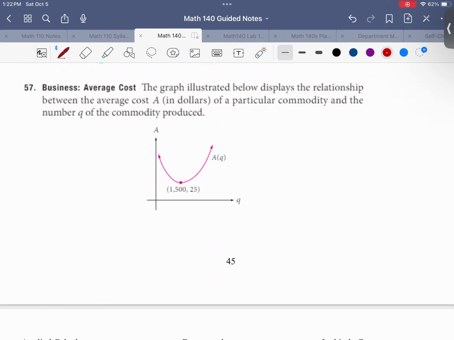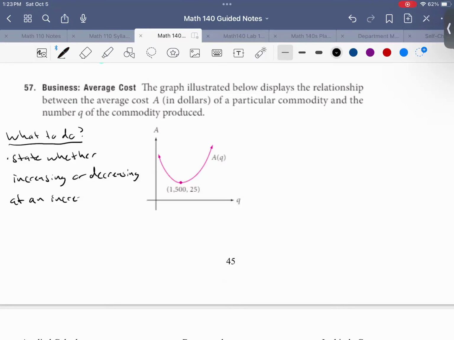So what to do? Here's kind of like a what-to-do checklist. Okay, so you want to state whether you are increasing or decreasing at an increasing or decreasing rate.